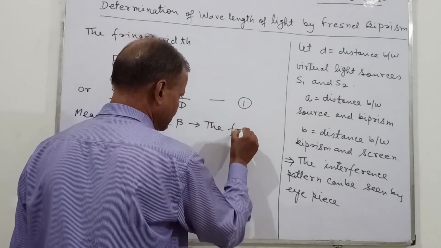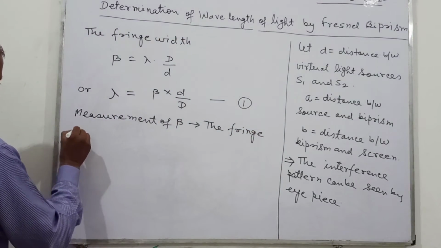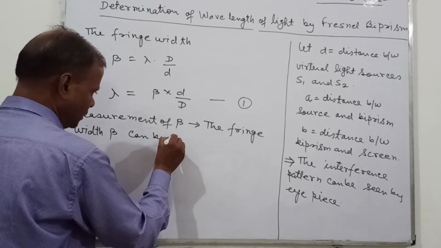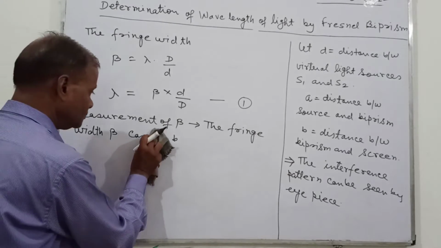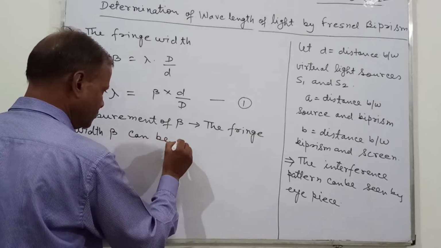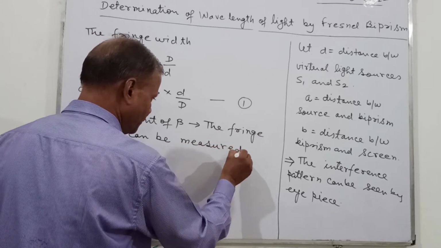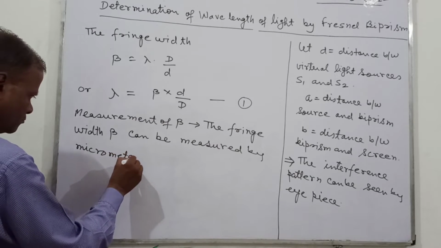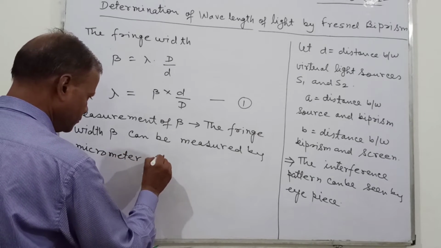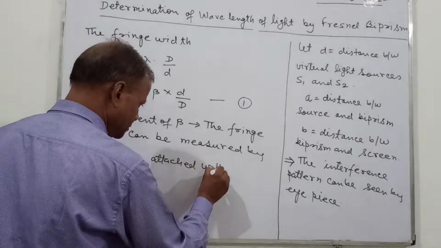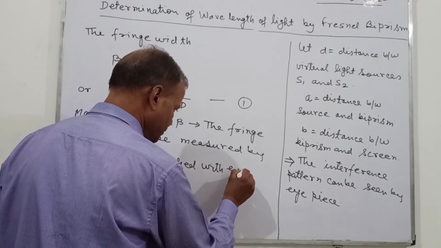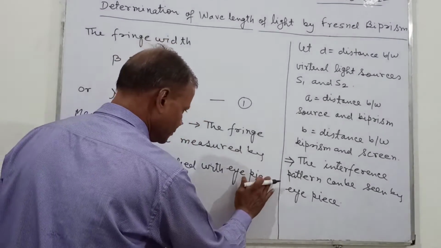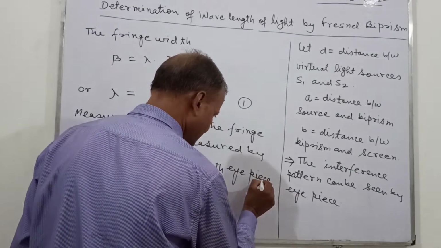The fringe width beta can be measured by the micrometer attached with the eyepiece.